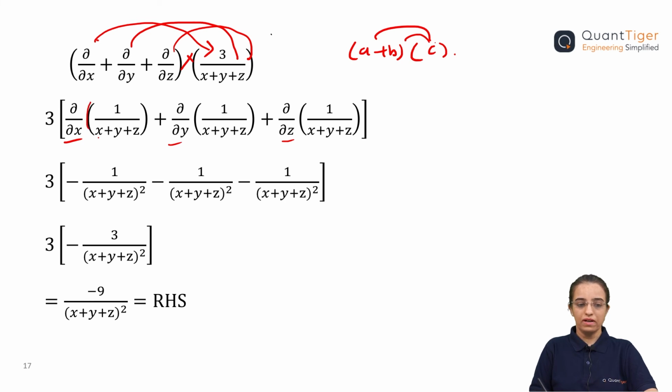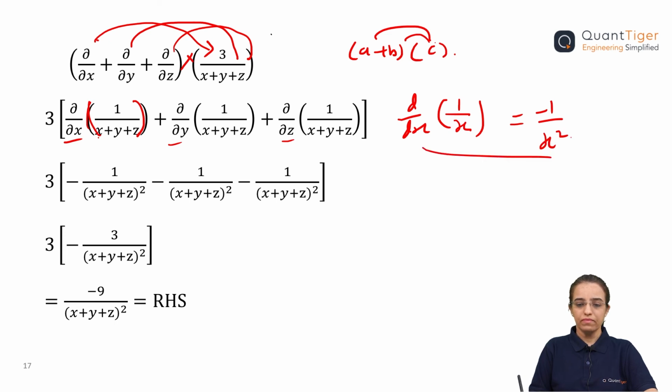So if you look here, it looks something like 1 upon x. This whole function we can treat as 1 upon x, and if you remember how we find the differentiation of 1 upon x, it's minus 1 by x square. Same thing applies in partial differentiation also. If you consider this function as 1 by x, its differentiation will be minus 1 upon this whole term, x plus y plus z bracket square, exactly like how we do with 1 by x.